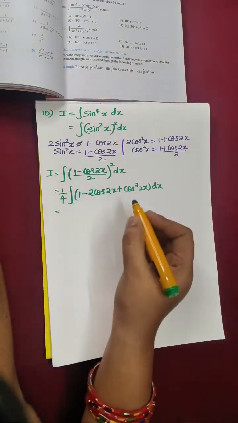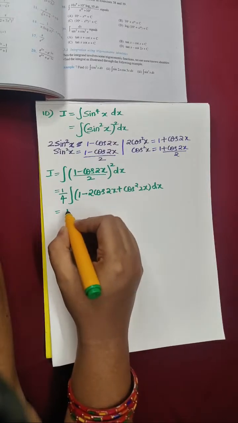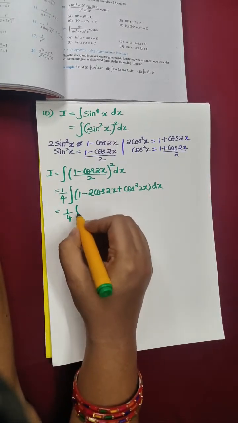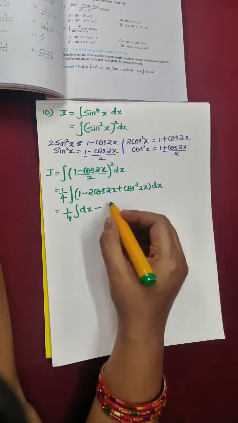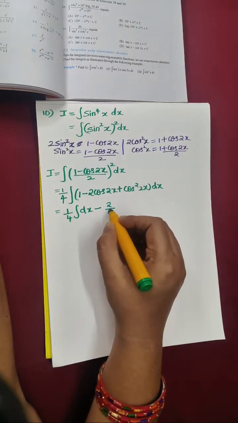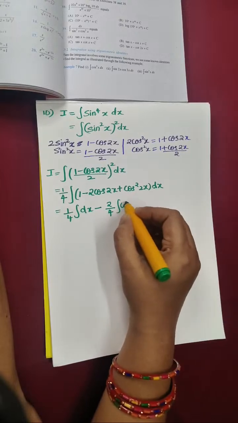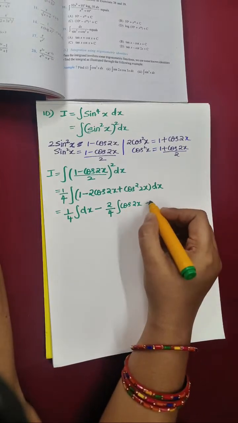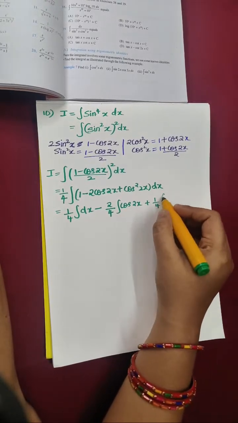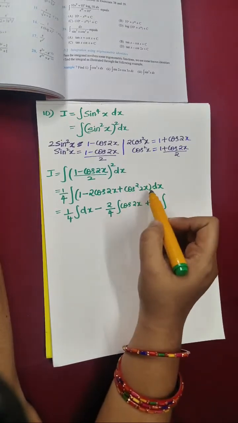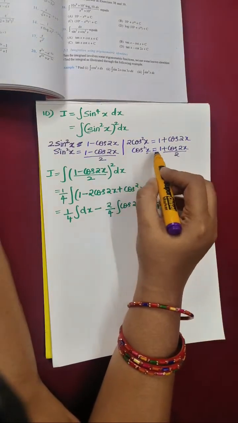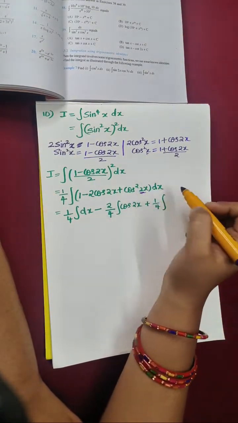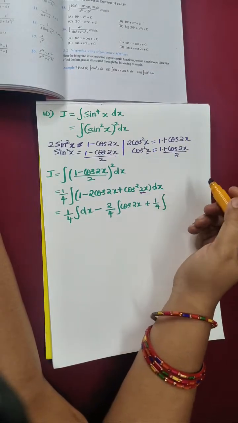So we just split the terms here. So 1 by 4 into 1 dx minus, I'm just taking this 2 outside of the integral, so that will become 2 by 4 integral cos 2x dx plus 1 by 4 integral cos square x. We have to replace the formula. Here, if you see, we have cos square x, but what we have here? Cos square 2x.